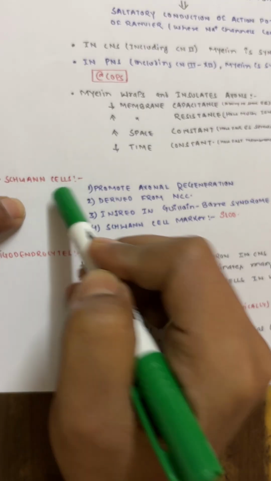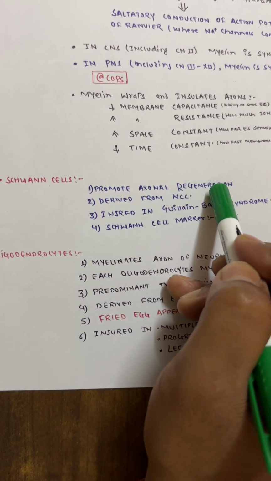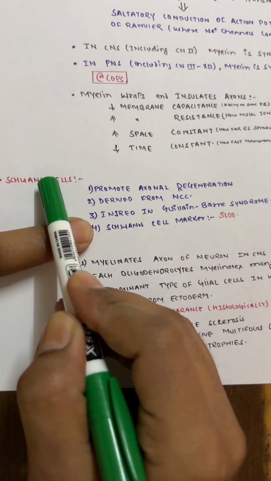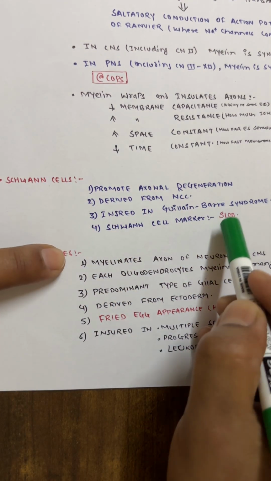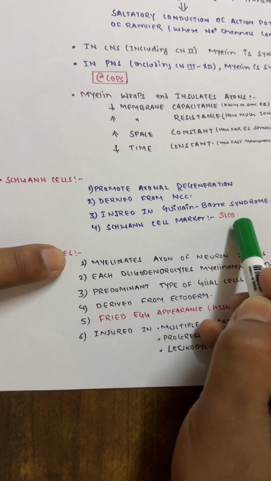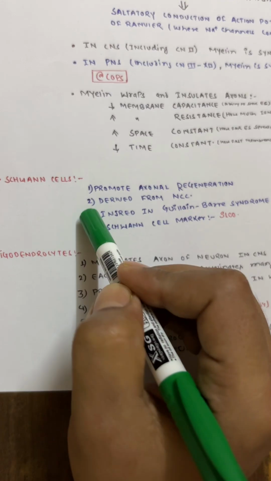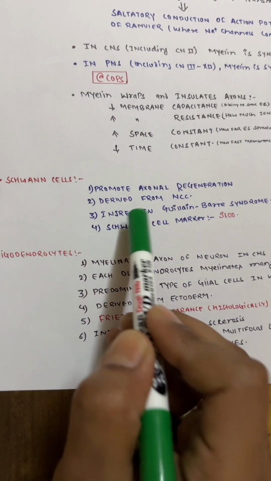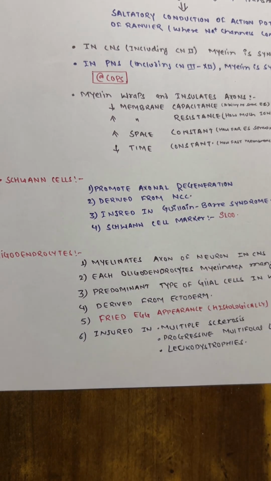Schwann cells are derived from neural crest cells, and they are injured in Guillain-Barré syndrome. S100 is the cell marker of Schwann cells. So, remember that in Guillain-Barré syndrome they are injured, their marker is S100, they are derived from neural crest cells, and they help in promoting axonal regeneration.